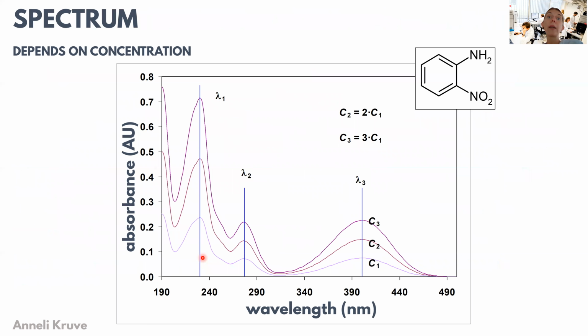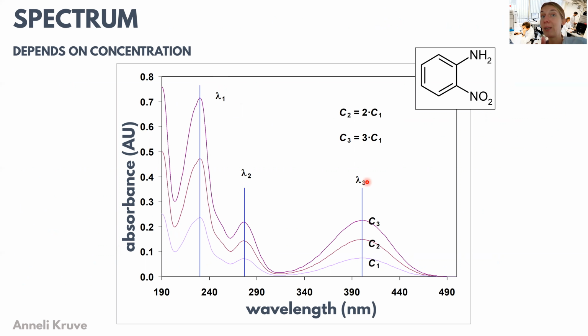And now when we go back to a spectrum that we had before, for the ortho-nitroaniline, we have three different wavelengths that have been marked as the maxima. The question here is which wavelength to use for the quantitative analysis.